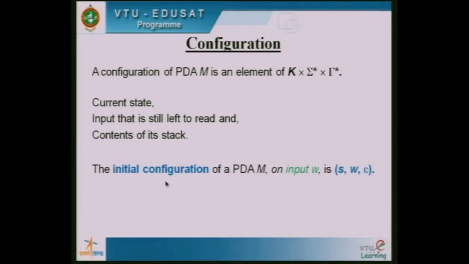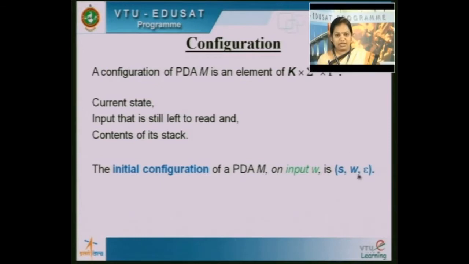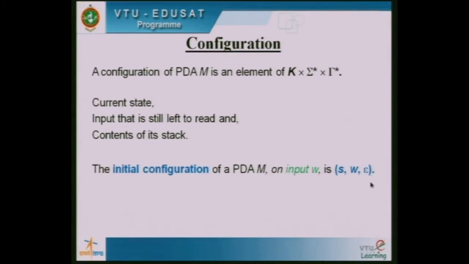The initial configuration of a PDA on input W is S, representing the start state, Σ star, that is the string W, and Γ star is epsilon.